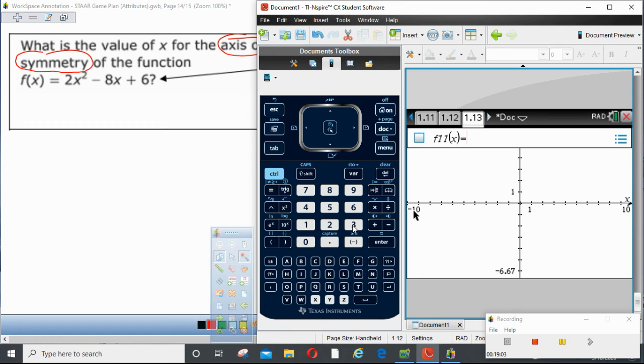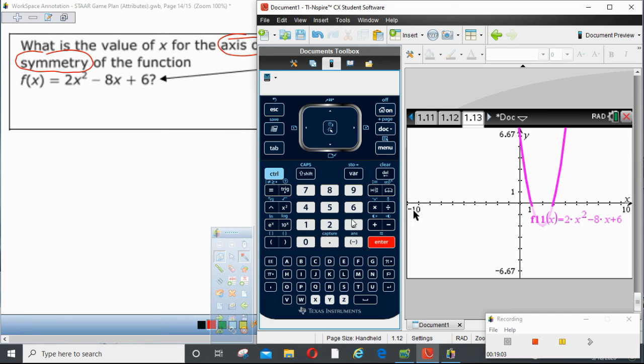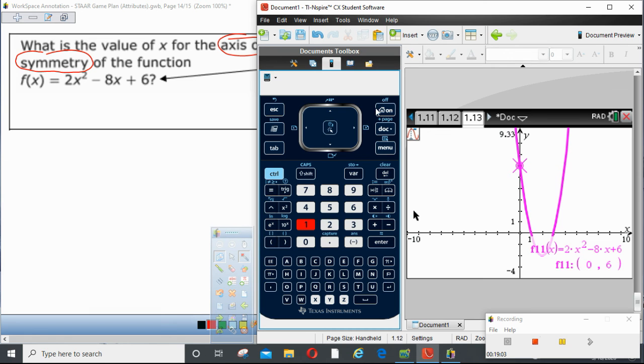And so we're going to type in 2x squared minus 8x plus 6, and then we'll hit enter. So we really have to have a good understanding that this has got to go through the vertex. And so remember, a yellow box will appear. So you can't really see it down here, but that yellow box right there is what's telling me that it's down there where it's supposed to be, okay?